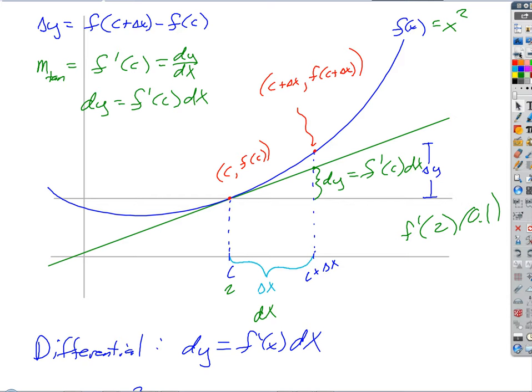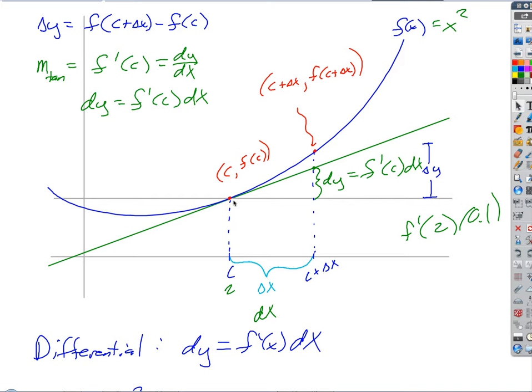Well, we could approximate that with a differential, right? Just a linear approximation. So we're going to take the tangent line to the curve at c, and then we're just going to look at how much the tangent line changes. And as long as we're close to the point of tangency, the tangent line matches the curve fairly well, right?